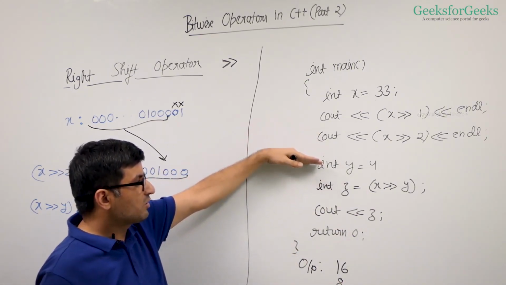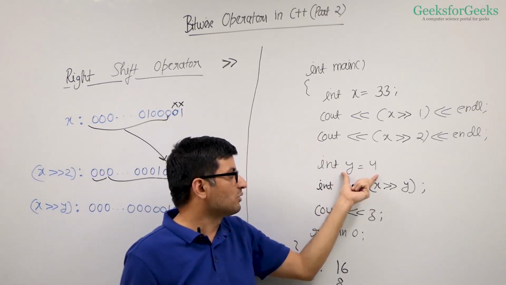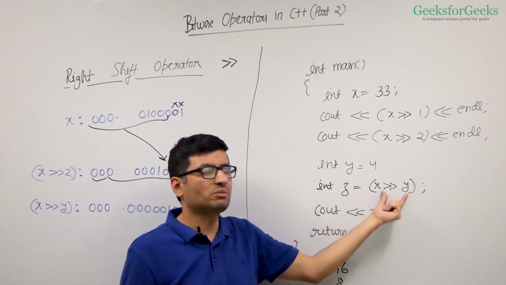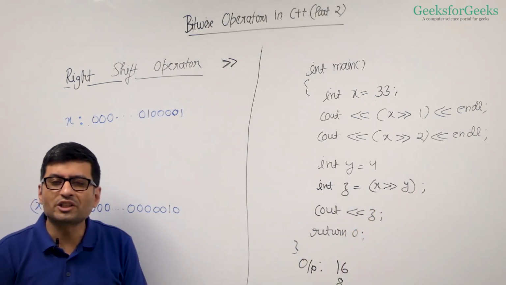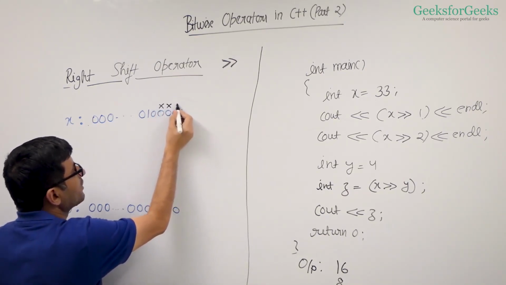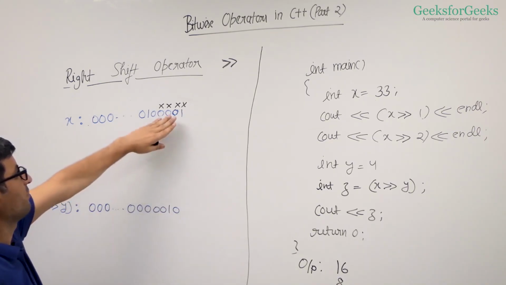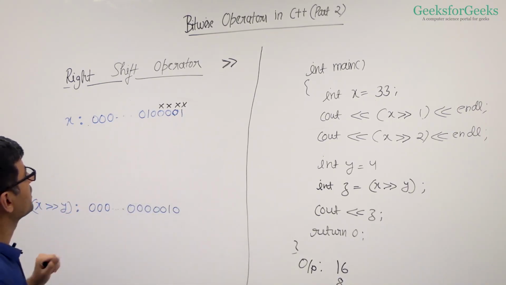Let us now talk about right shifting by 4. Here I have a variable y equal to 4 and we are now shifting x by 4. When you right shift it by 4, the last 4 bits are ignored. Does not matter what their value is, your output does not depend upon the value of the last 4 bits.